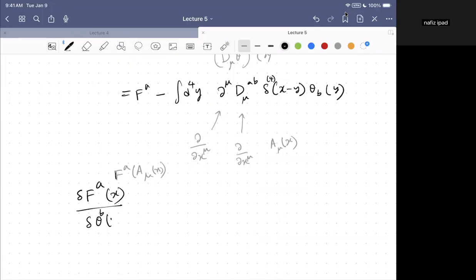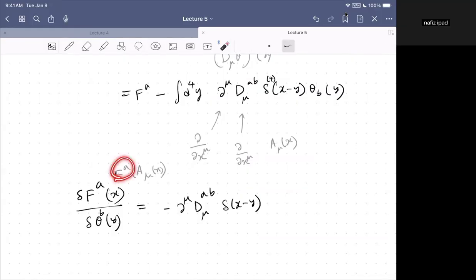Theta evaluated at y. This is nothing but minus... okay. All right. So after choosing a gauge fixing function f, we have figured out the derivative of f with respect to the redundant coordinates. And this happens to be this kind of operator.